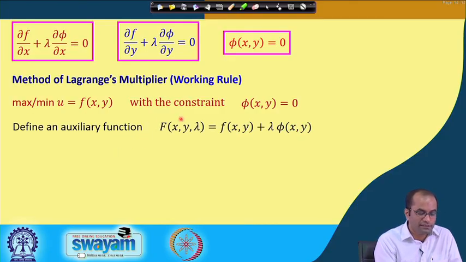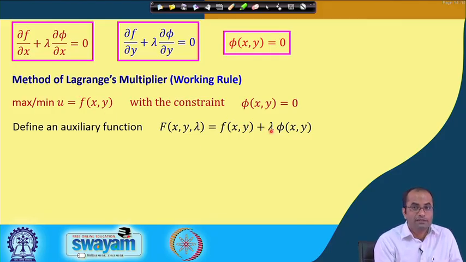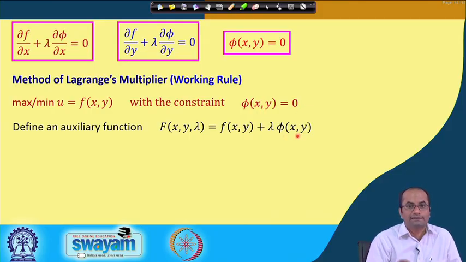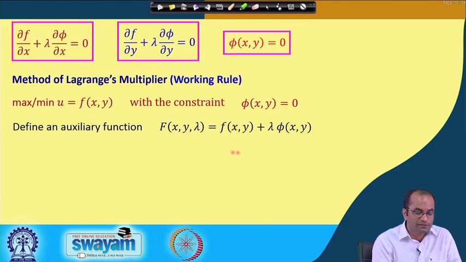We define F of x y and lambda by introducing this lambda here. So, we take this function f x y which we want to minimize or maximize, plus lambda times this constraint, phi x y.